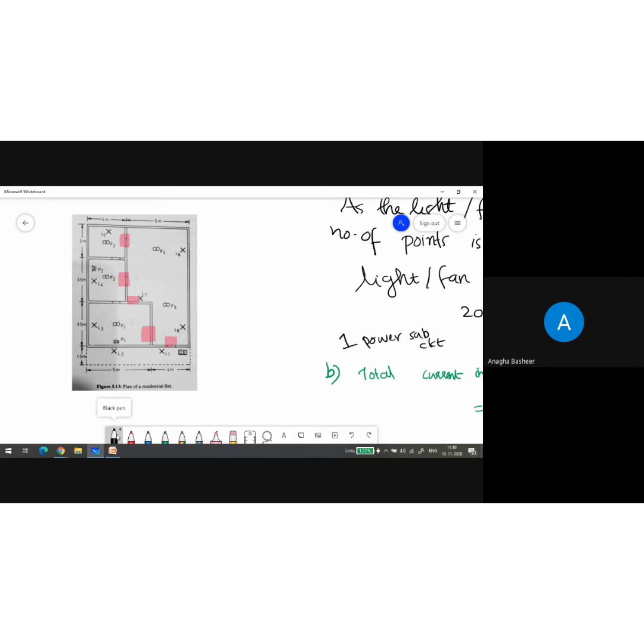Next is from the DB, you have to start wiring. From wiring, first sub-circuit is having L2, L1. Then from this switchboard 4, fan, this switch. This is the first sub-circuit. The second sub-circuit is starting from here. It will go like this.